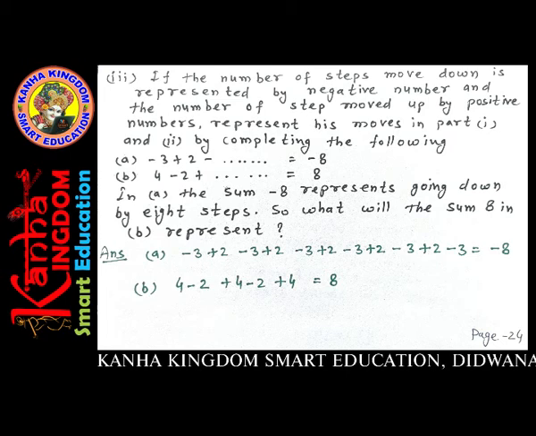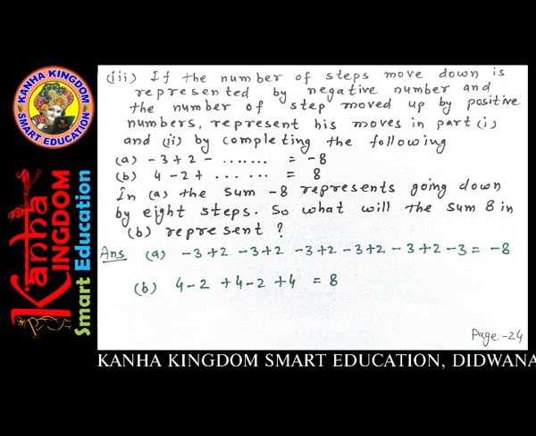Now we will fill in these dotted spaces. In the first part, -3 plus 2 and so on, -3 denotes we go down 3 steps and in the next jump we go up by 2 steps. Next we go down by 3 steps and in the next jump we go up by 2 steps.